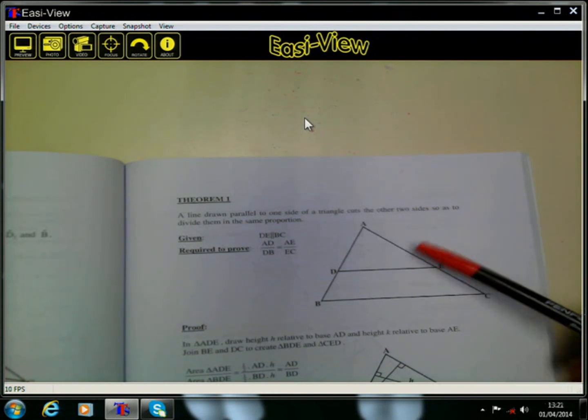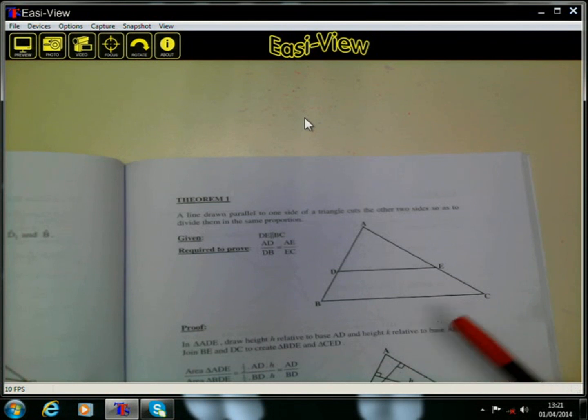Now, if you look at triangle ABC, it means inside triangle ABC there has to be a line drawn, which in this case is line DE, drawn from side AB and protruding to side AC.